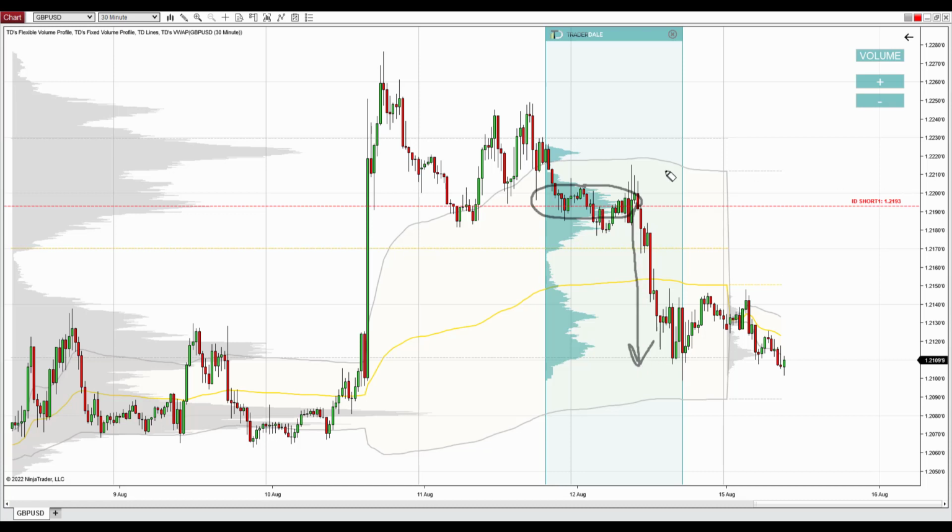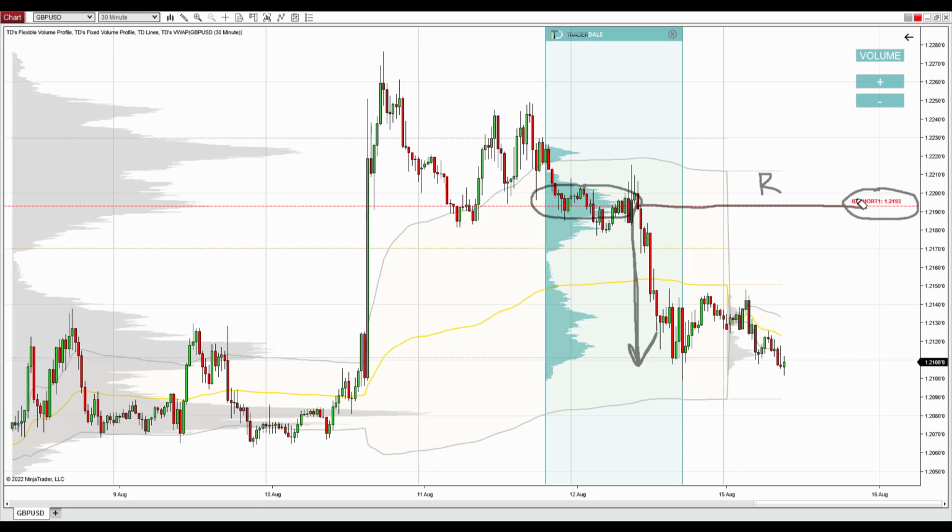In this case, this heavy volume zone was probably used by strong institutional sellers to accumulate their short positions. The reason I'm saying that they accumulated short positions is because of this sell-off, right? Because of this selling activity starting from this heavy volume zone. And for this reason, this zone should work as a strong resistance, right?